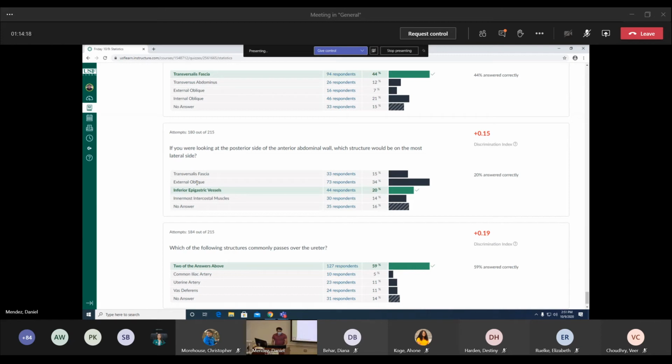That makes sense, right? Can you explain the view that we're supposed to be picturing in our head for that question again? Yeah. You have your anterior abdominal wall, and if you cut somebody's body in half and look at the inside of it, looking at the anterior abdominal wall, that's the view you have to get. You just cut the body in half and you're looking inside of it, that's the posterior side of the anterior abdominal wall.